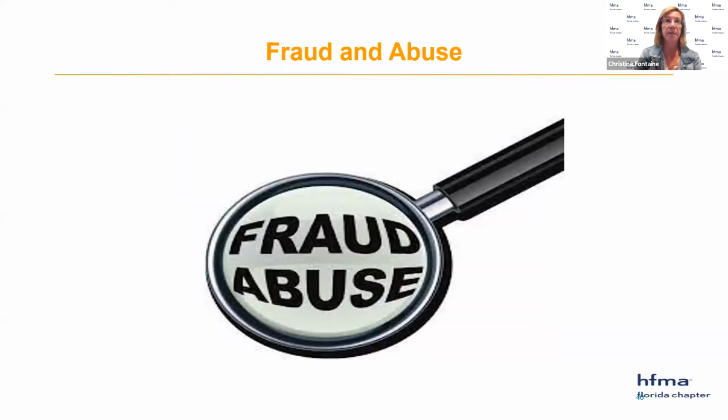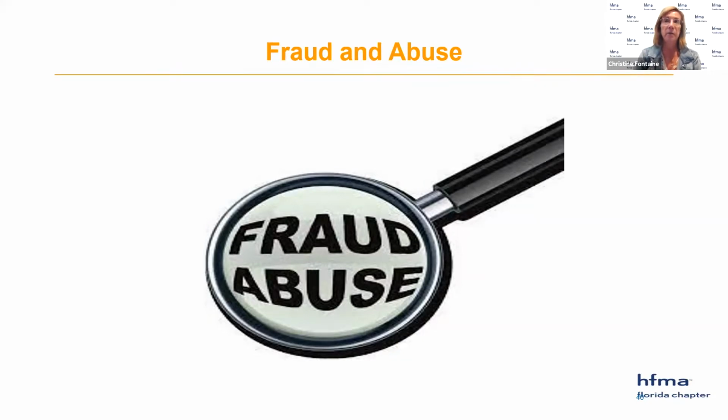Fraud is the intentional deception or misrepresentation of facts for gain. Fraud carries criminal penalties. The burden of proof is high, beyond a reasonable doubt. Abuse involves unintentional errors that are inconsistent with accepted sound medical, business, or fiscal practices.